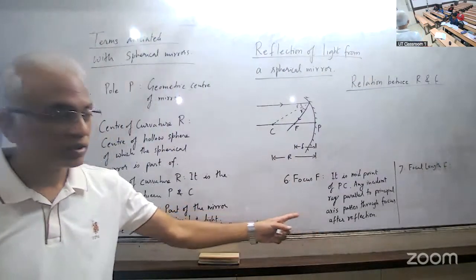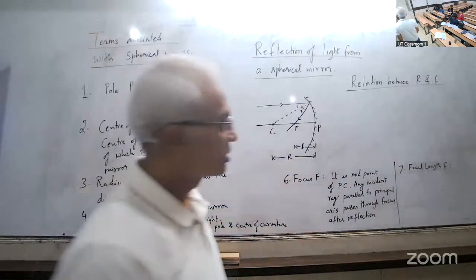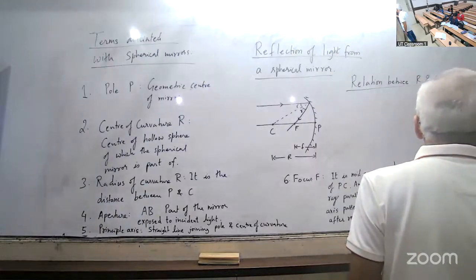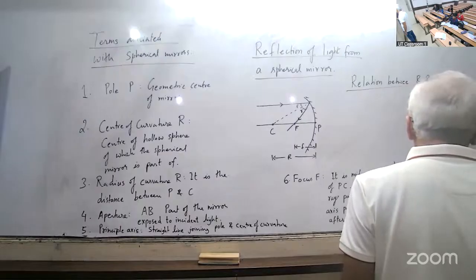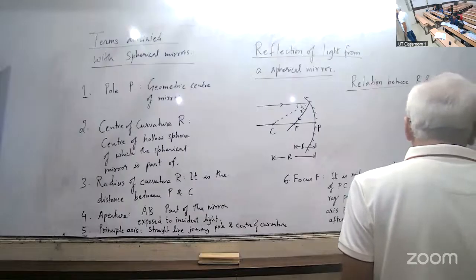So these are all features of mirror only. Focal length is the distance PF, is called focal length, for a given spherical mirror.